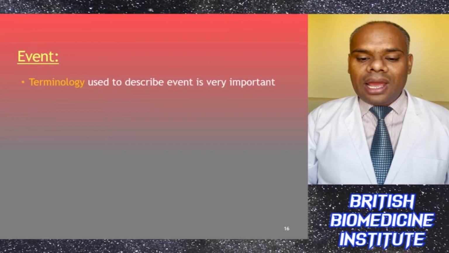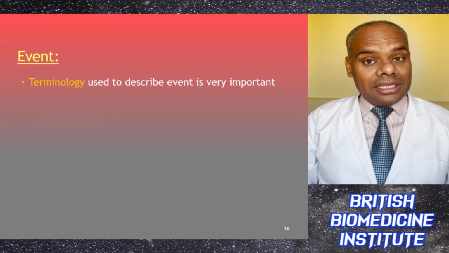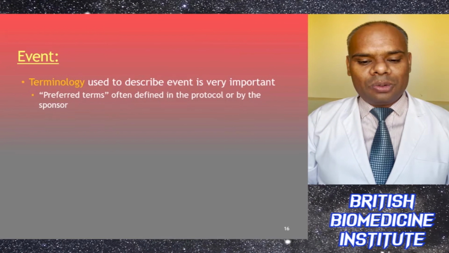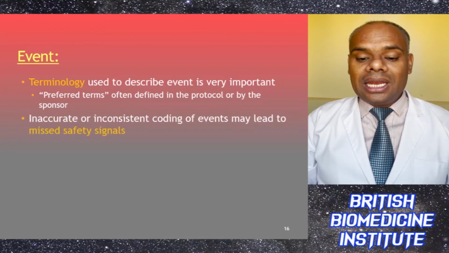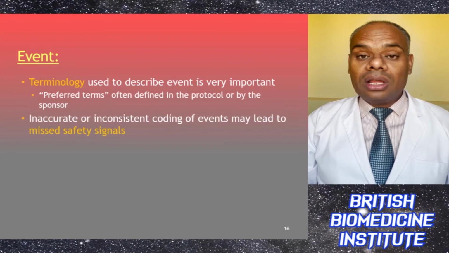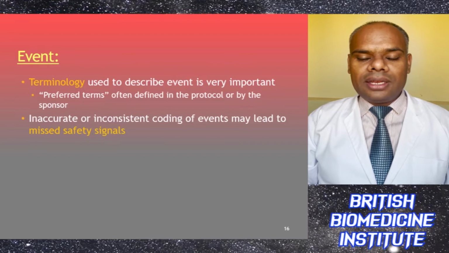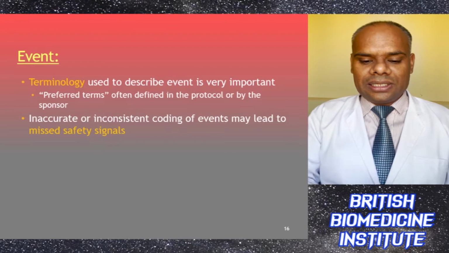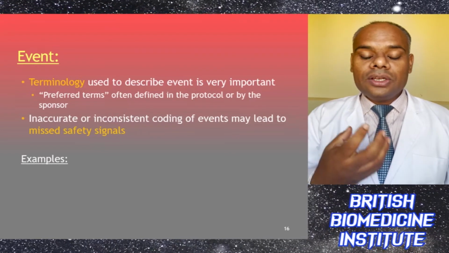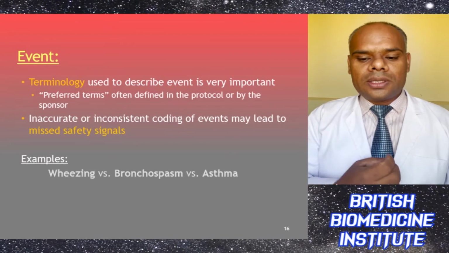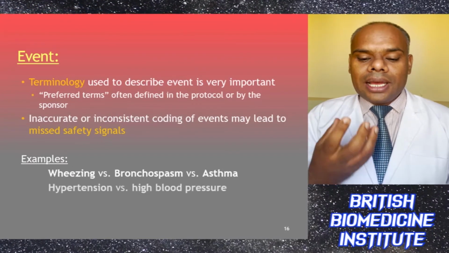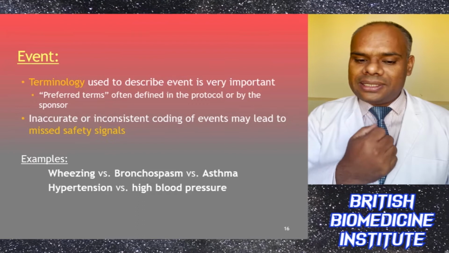Event is very important, or we can say it is basically a preferred term often defined in the protocol or by the sponsor. Inaccurate or inconsistent coding of an event can lead to missed safety signals. For example, wheezing versus bronchospasm versus asthma, or asthma versus high blood pressure.